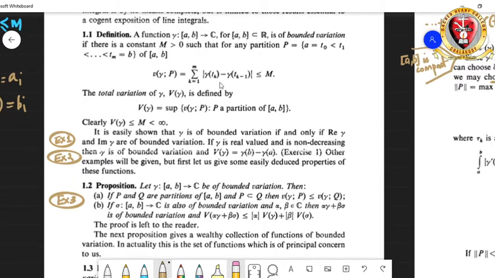It comes directly from the definition sitting here. Exercises 1, 2 and 3, all three of them come directly from this definition.